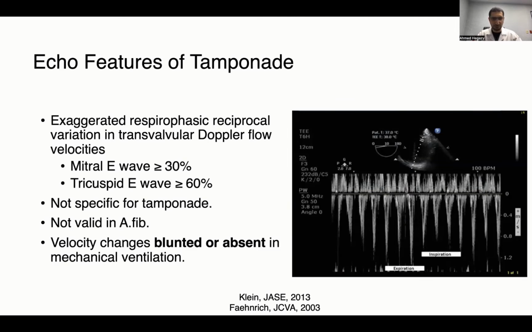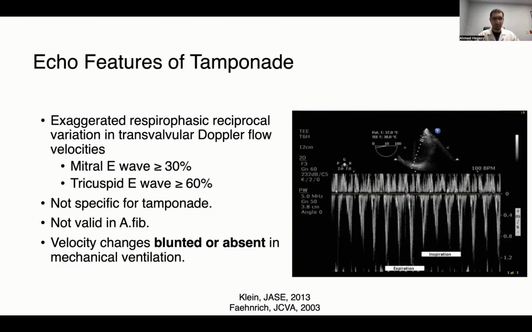Another echo feature of tamponade is the exaggerated respirophasic variation of transvalvular Doppler flow velocities, which means the left ventricle filling velocity, or the mitral E wave, will have a lot of variation with respiration.